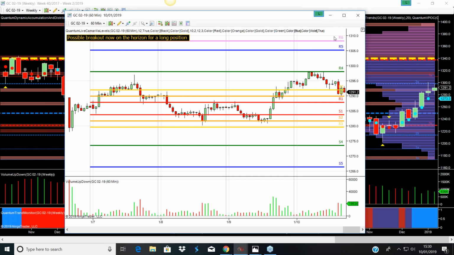And then we also have the R6, and the same applies when it gets there. It tends to maybe test it once, maybe test it twice, etc. But it gives your levels a degree of hierarchy, as it were.